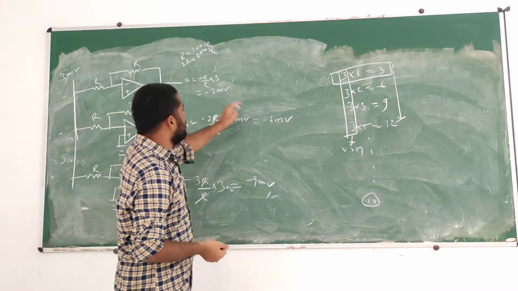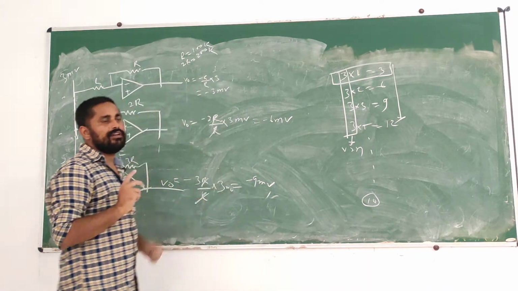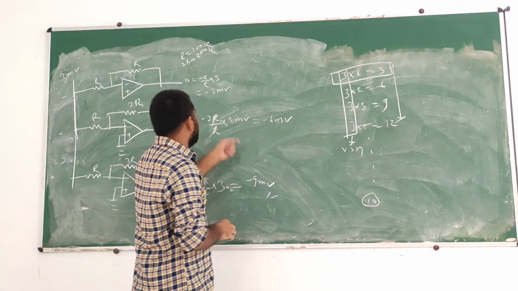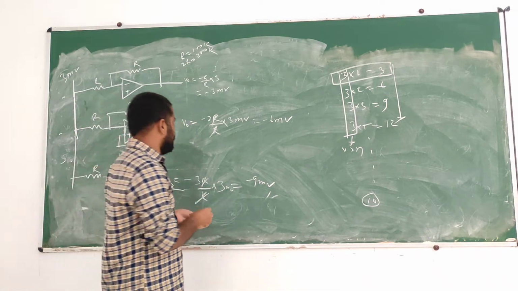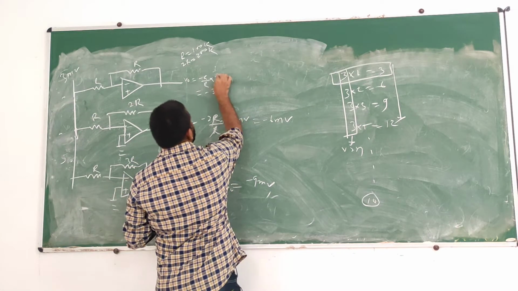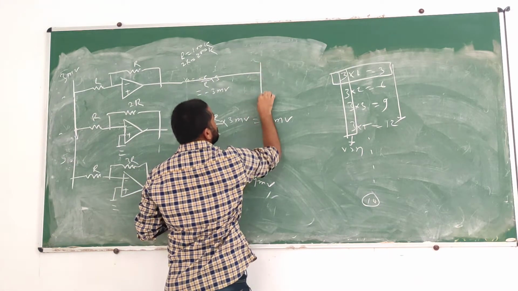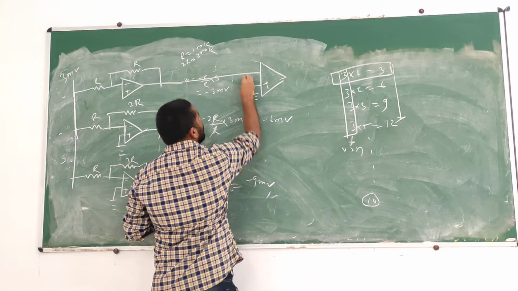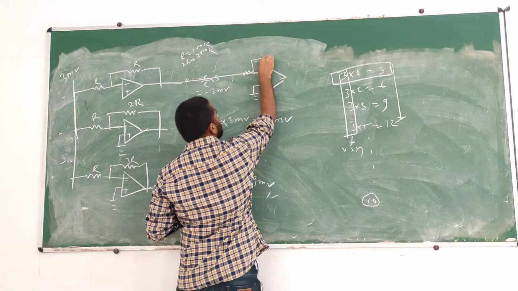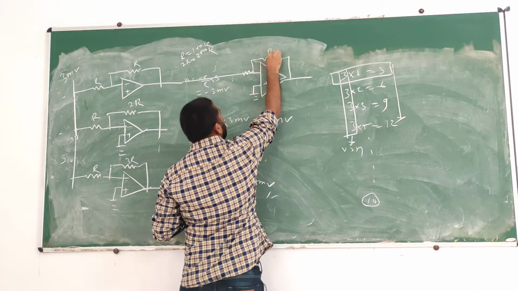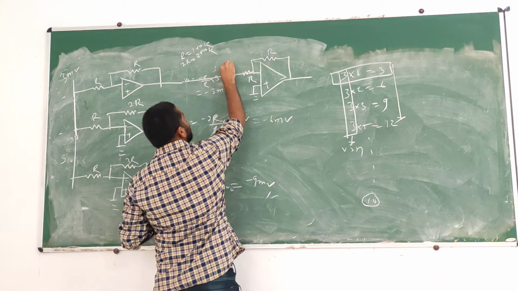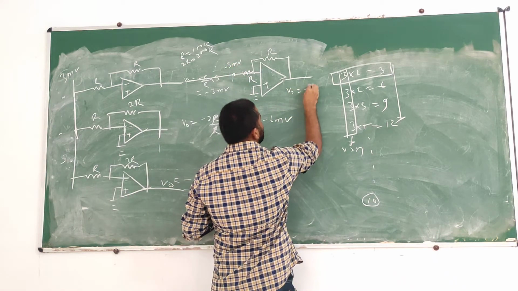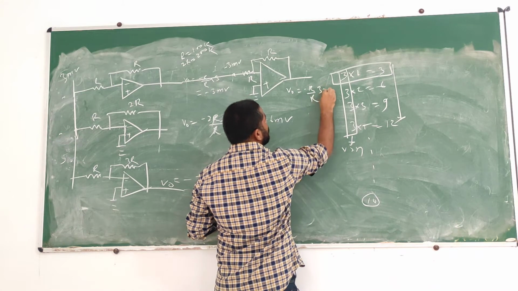All this minus sign can be taken care of very easily, just by putting one op amp. Now how can you remove all this minus sign? Suppose you got minus 3 volt over here, now just apply one more inverting amplifier with the gain minus 1, R and R, and suppose here you have minus 3 millivolt, then what you will get, V naught is equal to minus R by R into minus 3 millivolt.